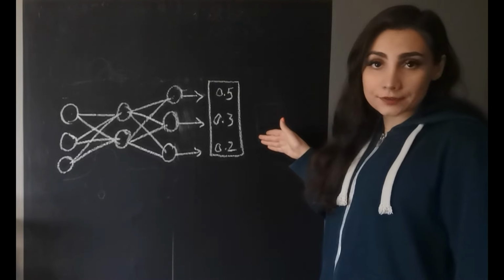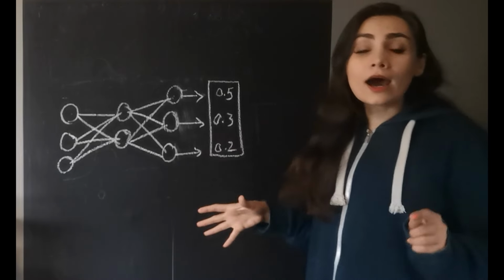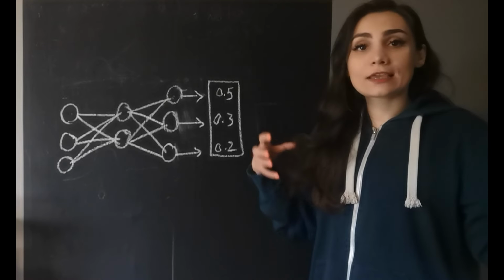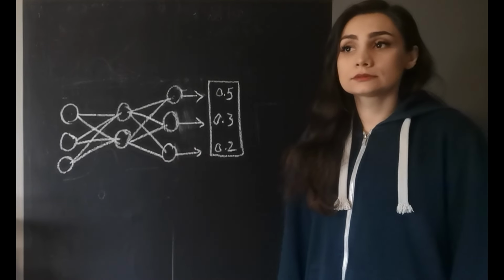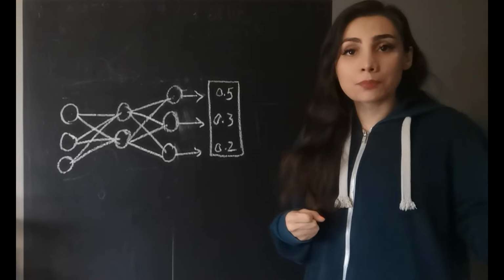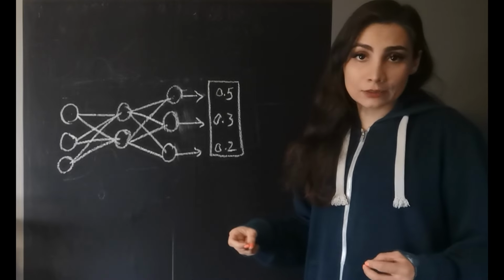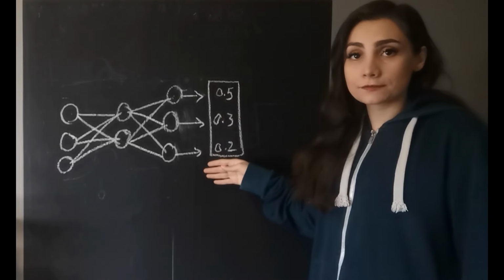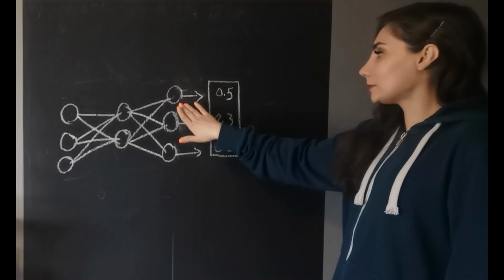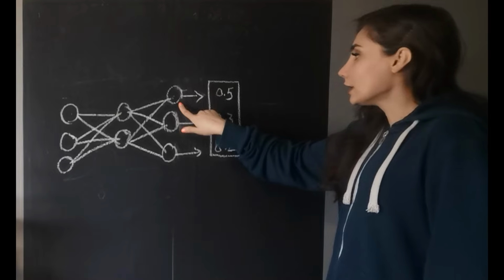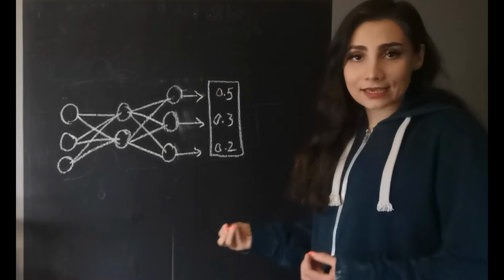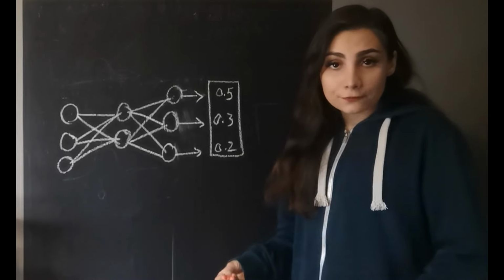Because now you're not comparing if it's this or if it's the other one. Here, you're not doing binary as you're doing with sigmoid. You are comparing all of them with each other. For example, right now we have the highest probability for this output.